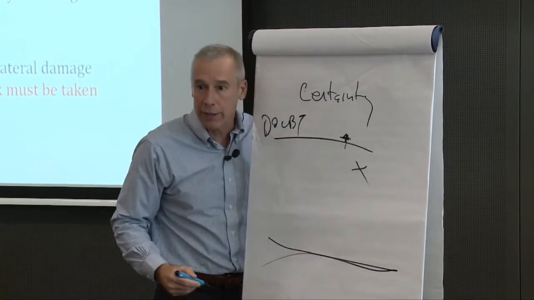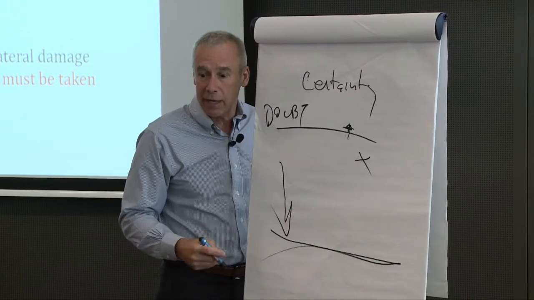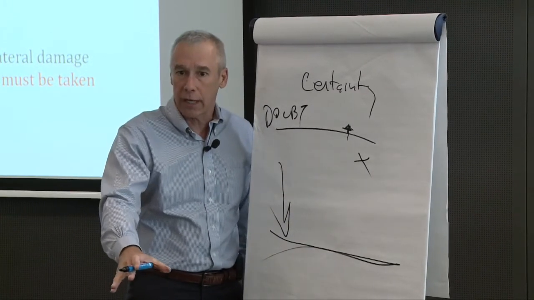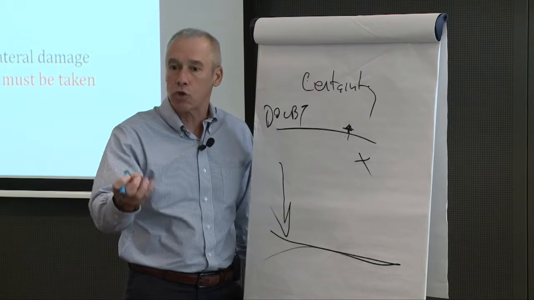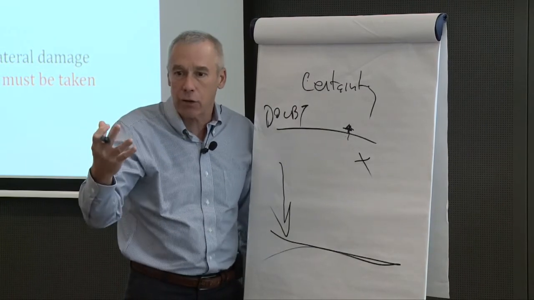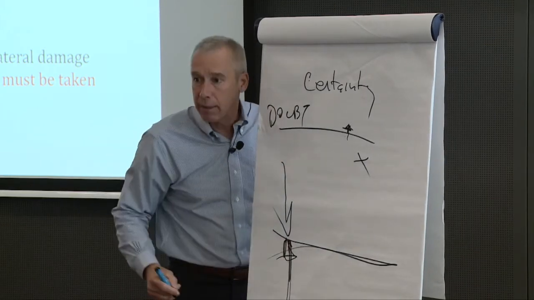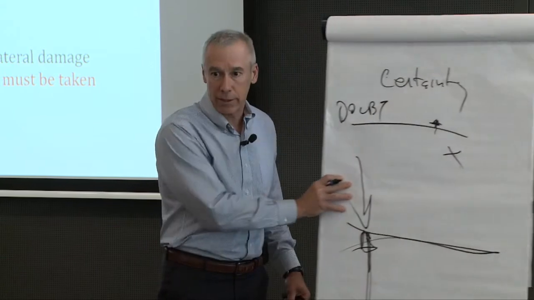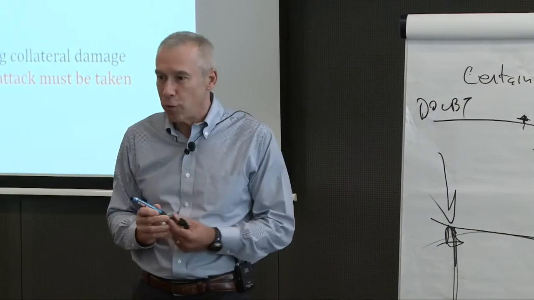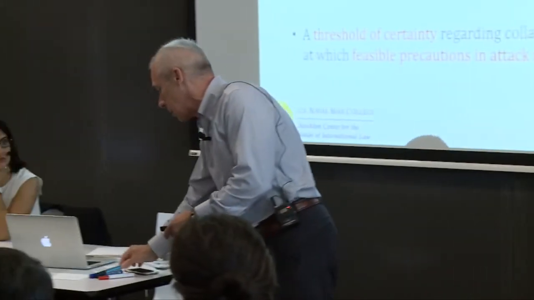Same thing with regard to military advantage. If you have enough military advantage, if it's a command and control facility, then you take the command and control facility in and of itself. You don't factor in any other consideration. And if you don't have enough certainty, then you don't. That's not what happens. That's what happens when you read the book and you don't think about it a little bit, but that's not what happens in reality.